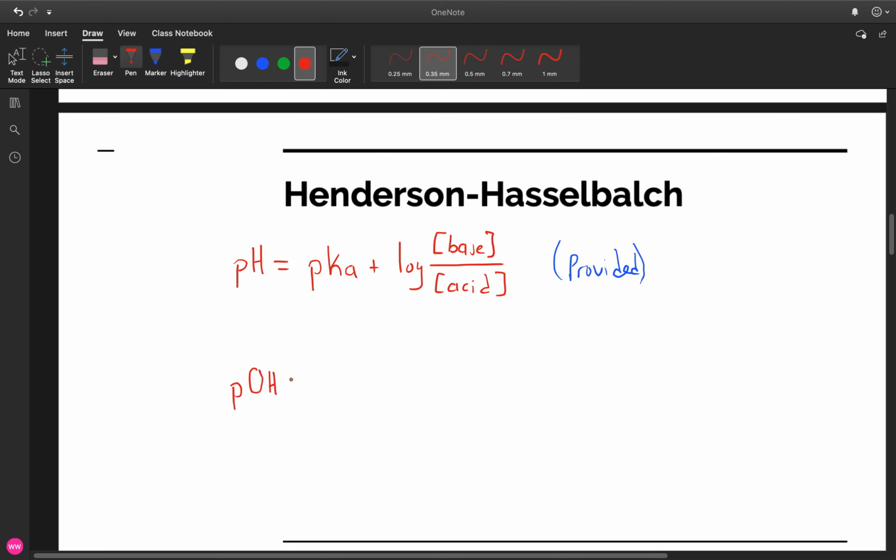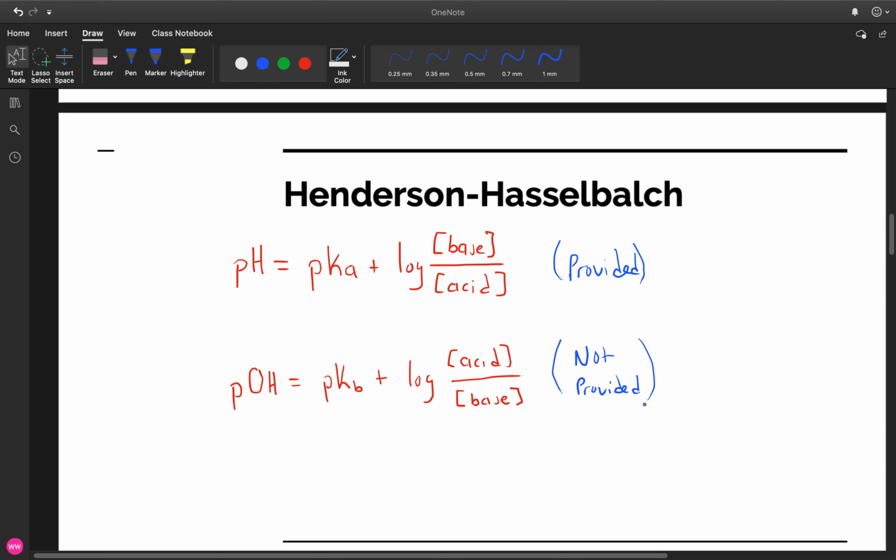It's pretty much exactly opposite: the pOH is equal to the pKb, the base dissociation constant, plus the log of the concentration of the acid over the base. If you know the top one, the bottom one, which is not provided, is just the opposite.